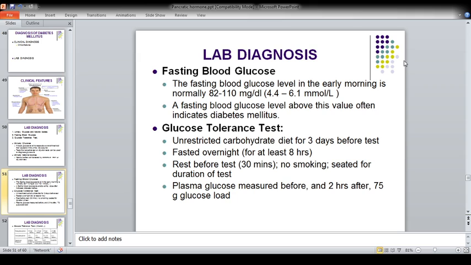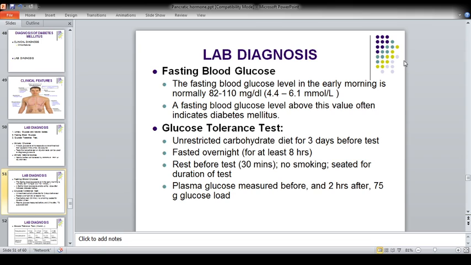we ask the patient to rest for 30 minutes before the test, and the patient cannot smoke before the test. The patient cannot be seated during the test. We may ask the patient to lie down or sit up.